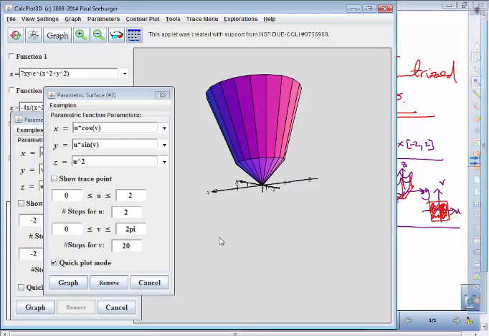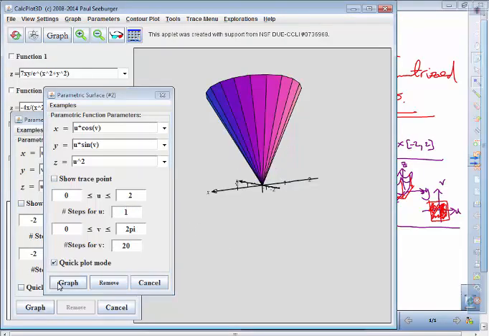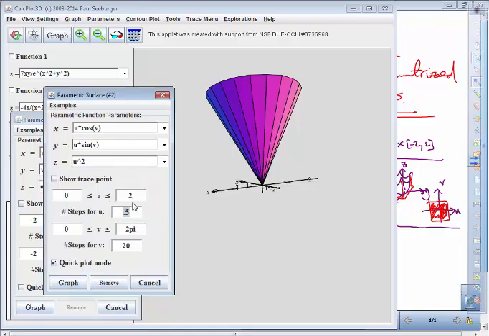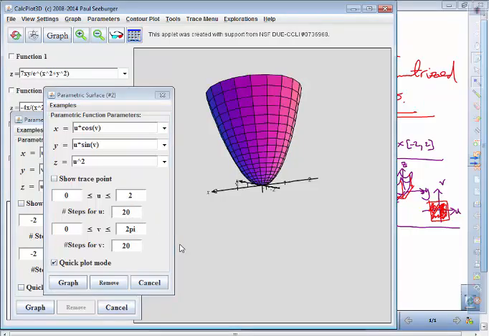I've never tried one before. I don't think it's going to give me an error. Yeah, it's pushing it. So the more steps you take, the smoother this is going to look.